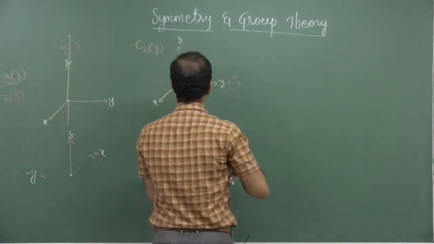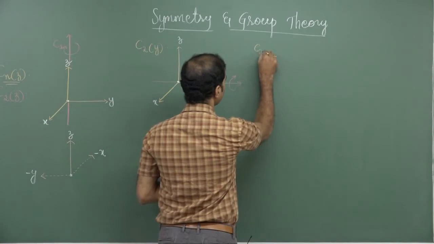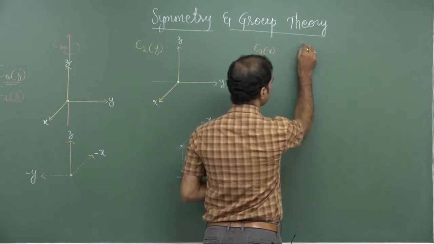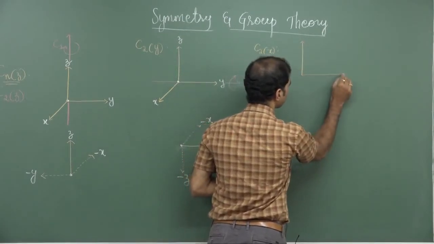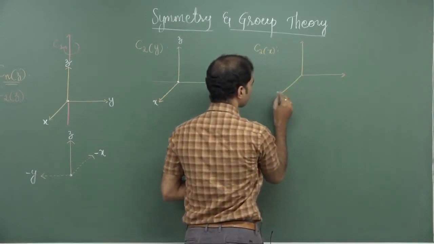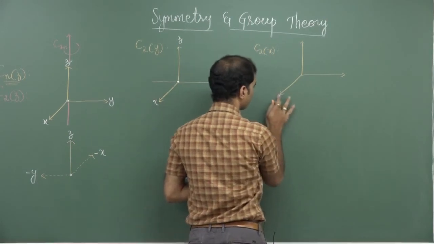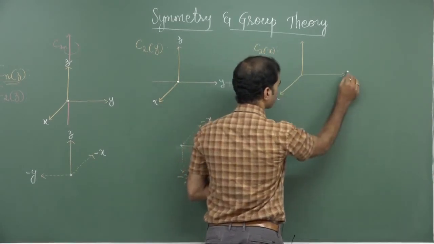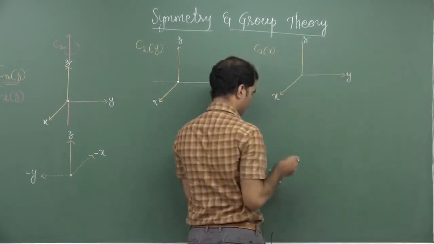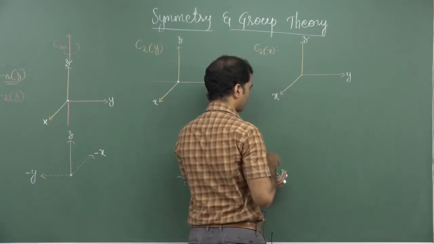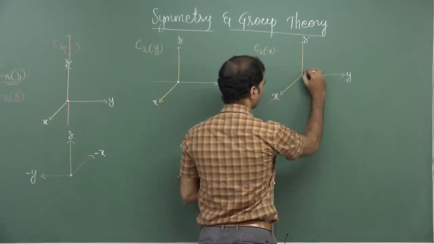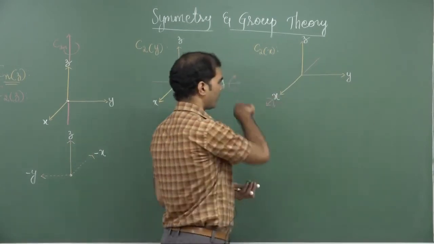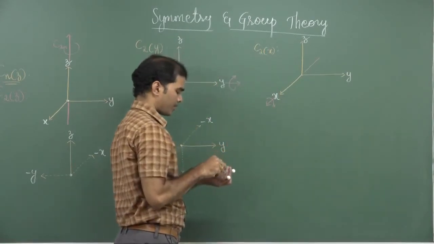So let us come to the third example. It is a C2 along the X direction. We are rotating along the X coordinate.